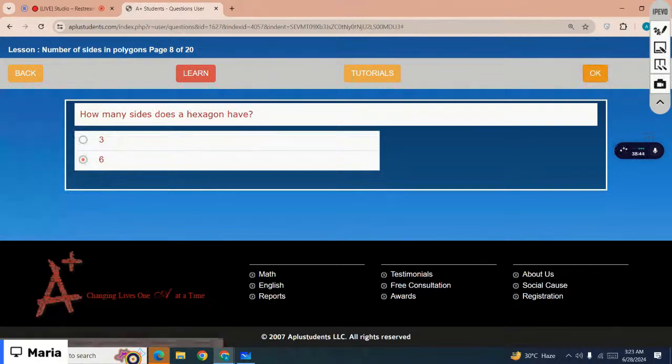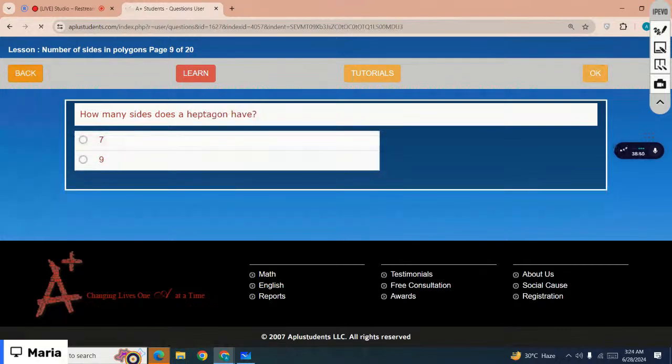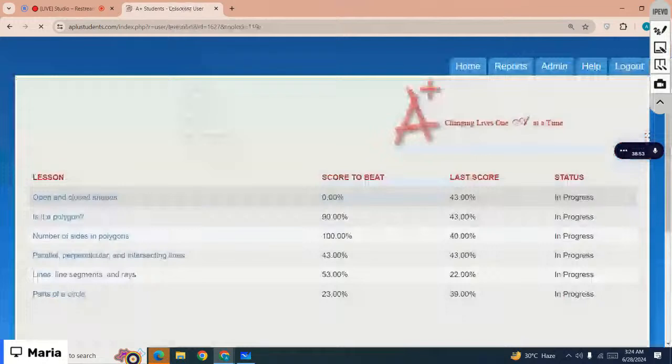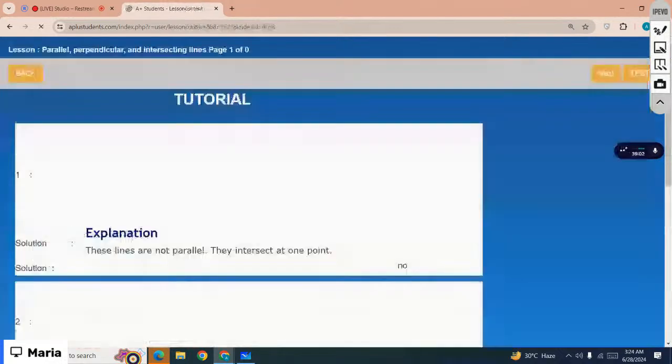The correct option is six. Okay, you can complete the lesson by yourself later today. Let me just move on to the next lesson. The next lesson is parallel, perpendicular, and intersecting lines. Let's just start with the lesson.